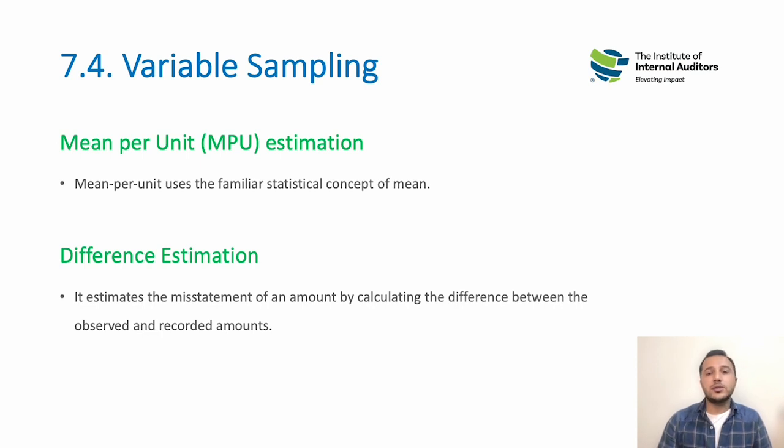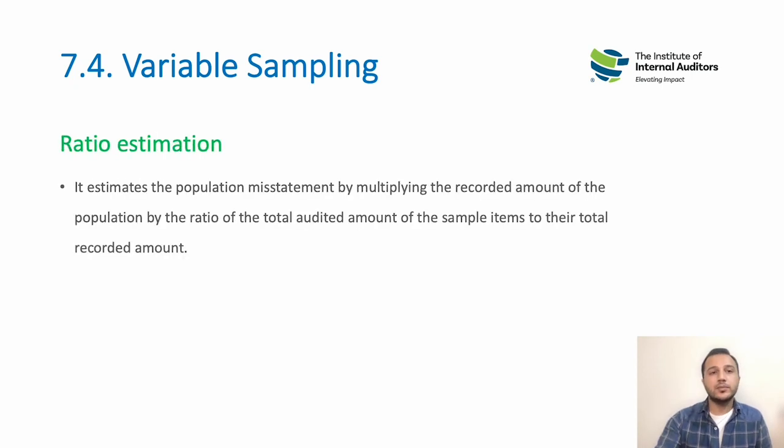Difference estimation is also similar to that, but here we look more at the differences, the variation between the actual audited amount and the recorded numbers, and then we project not based on the total number of units but through a different way, projecting the difference onto the overall population.